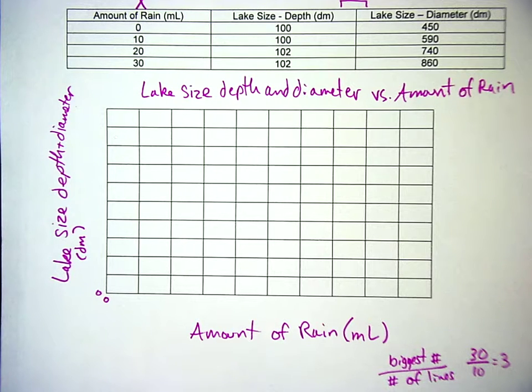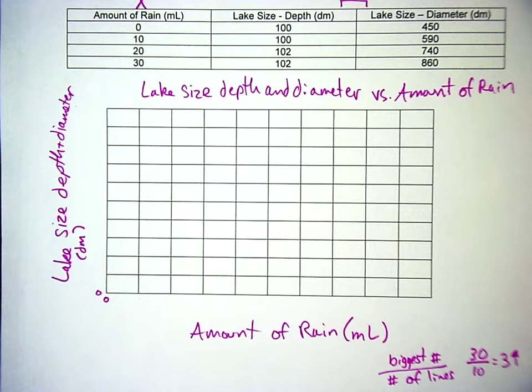Now, counting by threes is not going to be the easiest compared to some other numbers. It's not so easy to estimate data points going by threes. So you always want to round up to something that's easy to count by, something that ends in a 0, a 2, a 5, or go by ones.